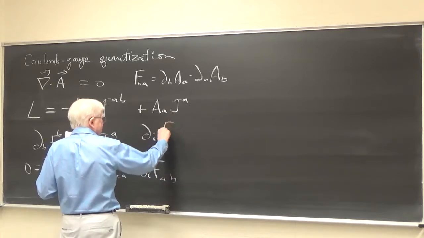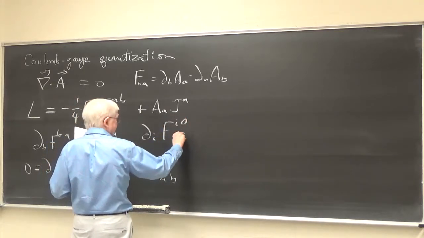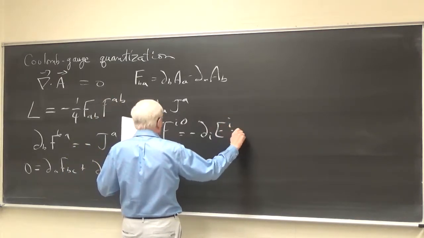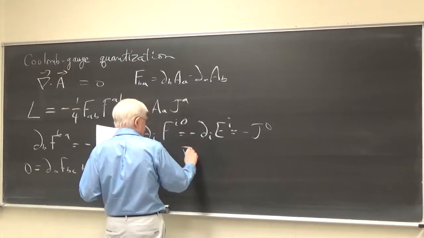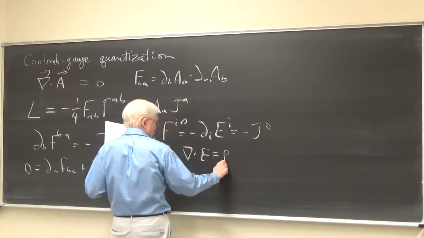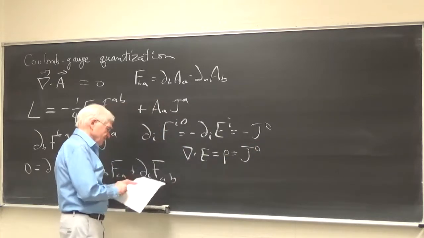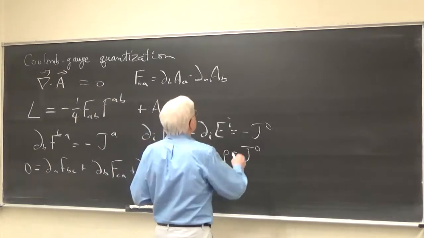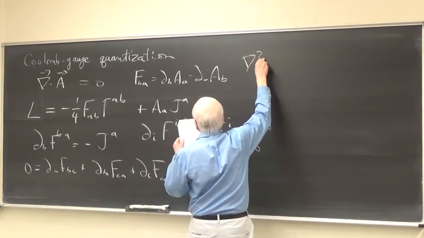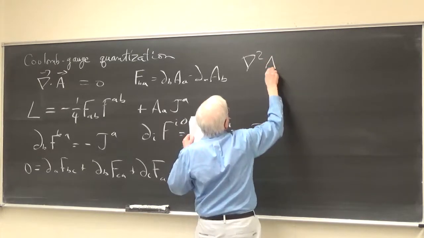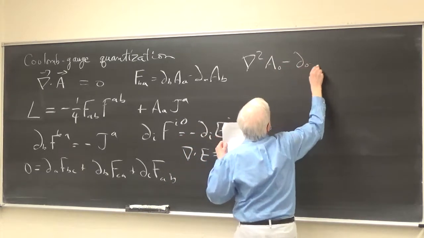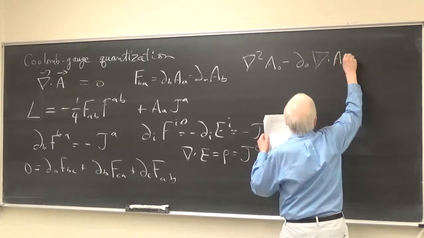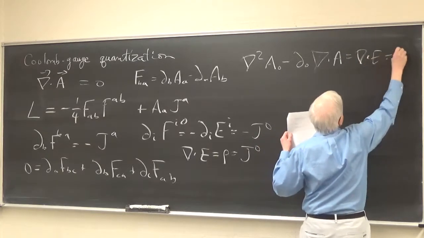One of the field equations, this one in particular, is just minus ∂_i E_i, and that's minus J^0. This is Gauss's law, del dot E is rho, which is J^0. And the result is that we have a field equation, grad squared A_0 minus ∂_0 of del dot A, which is del dot E is J^0.